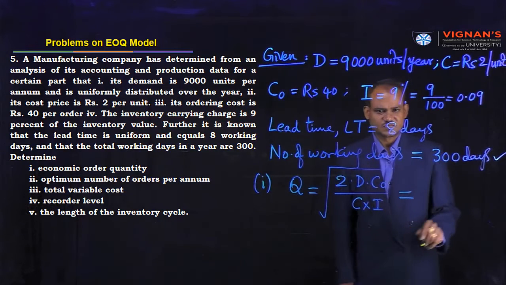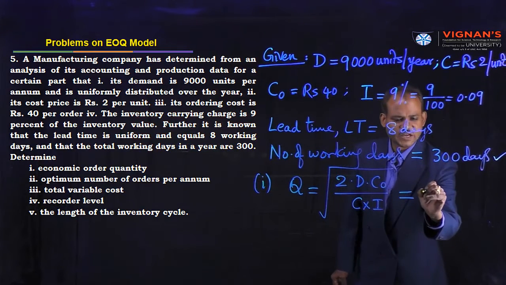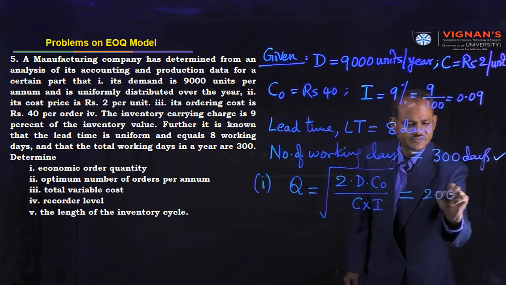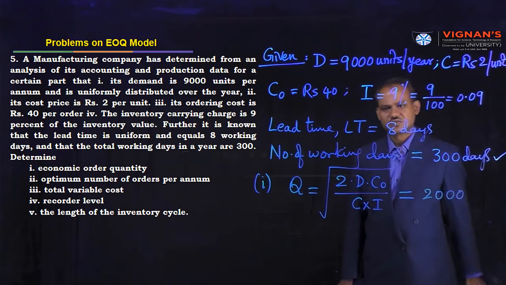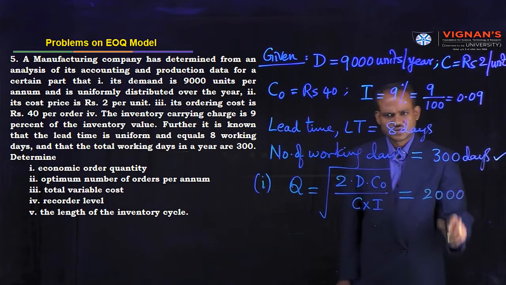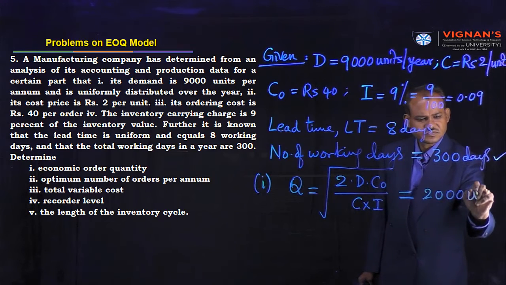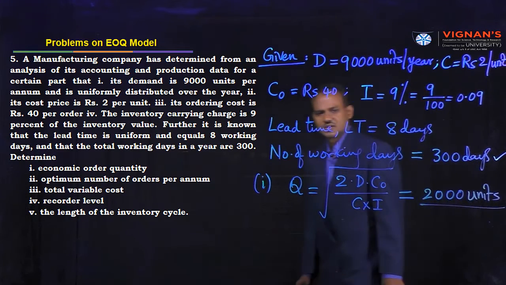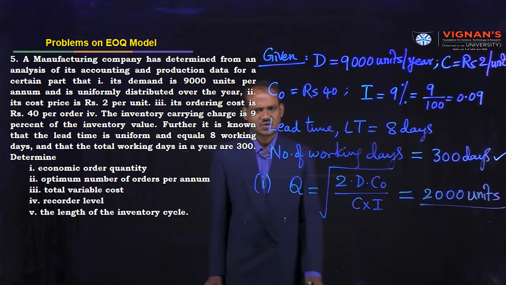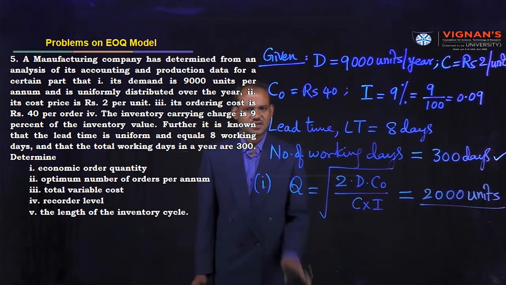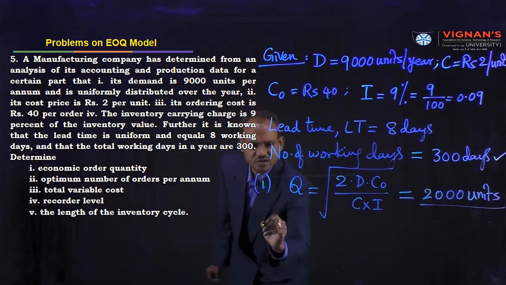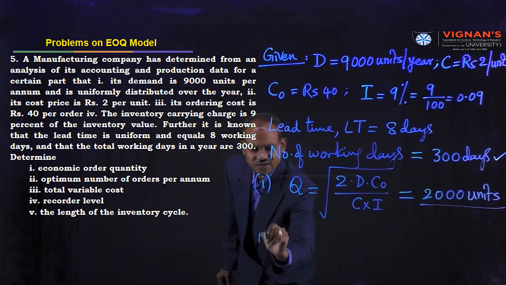After substitution, you will get 2000. The EOQ answer is 2000 units. Simply substitution. Therefore, EOQ is 2000.